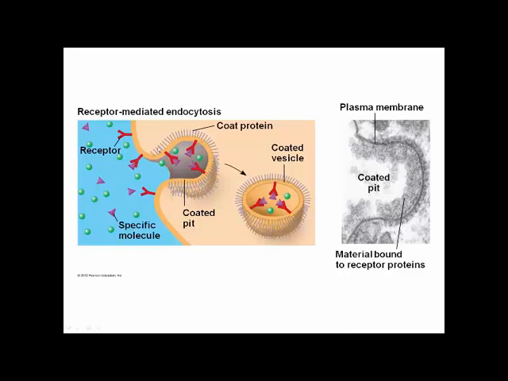And the coat protein makes this receptor specific for the material that binds the receptor. Once it binds and the pit is formed, it continues to pinch off until you get a vesicle that is coated and is targeted to the lysosome for joining with the lysosome and then release of the material.